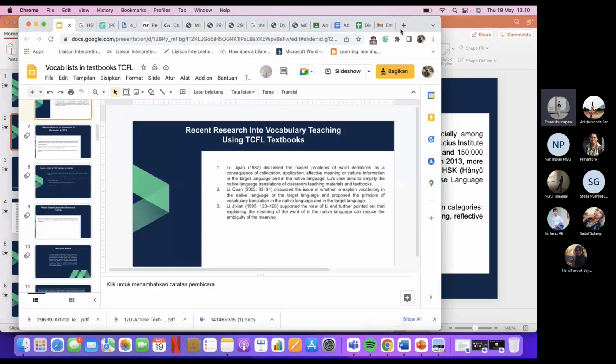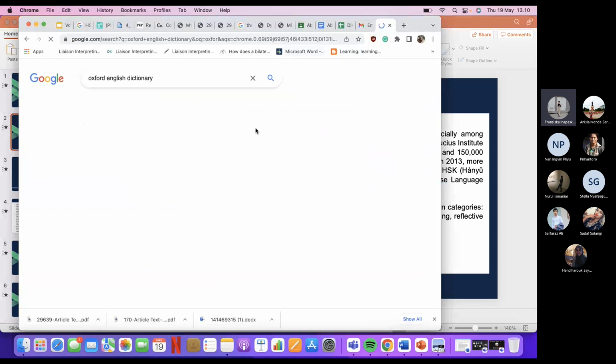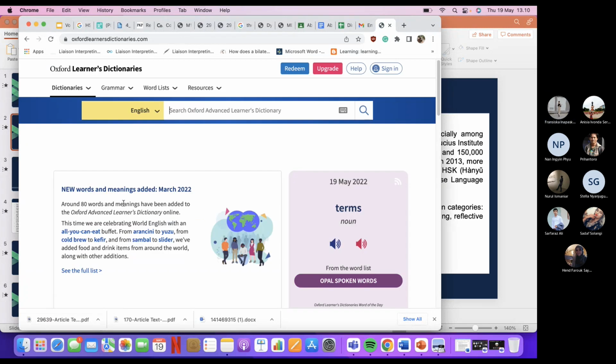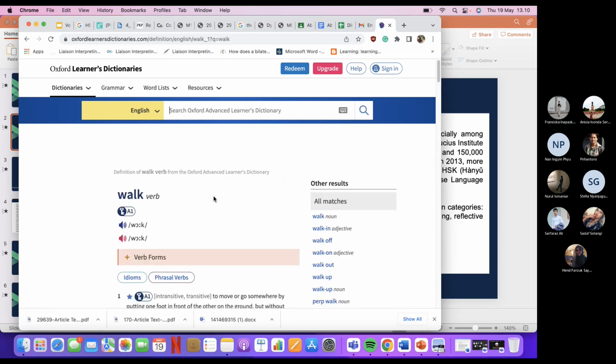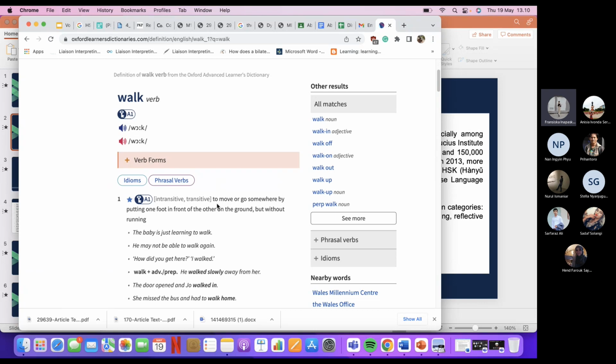If we go to the Oxford English Dictionary, in here, if we take the word walk, the conceptual meaning or the dictionary meaning is to move and go somewhere by putting one foot in front of the other on the ground, something like that.